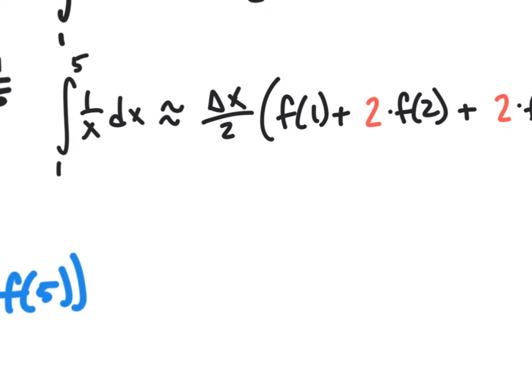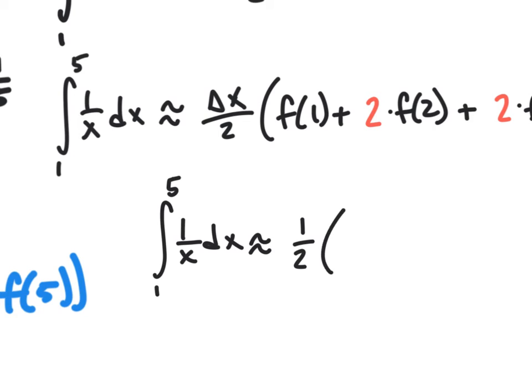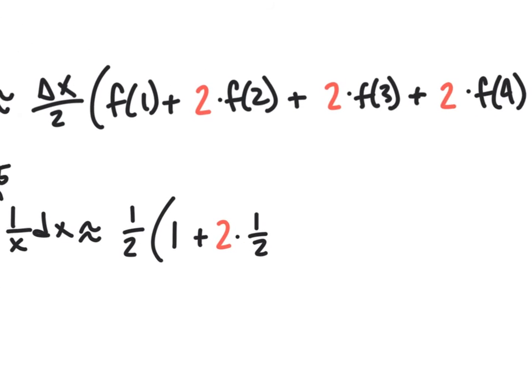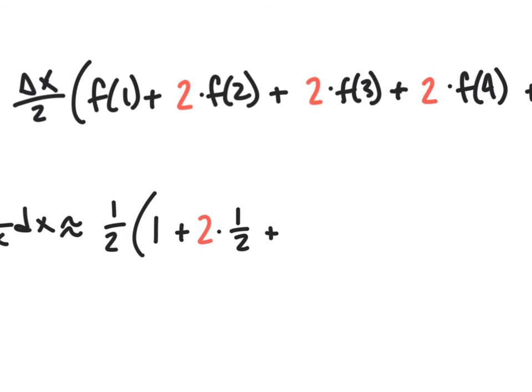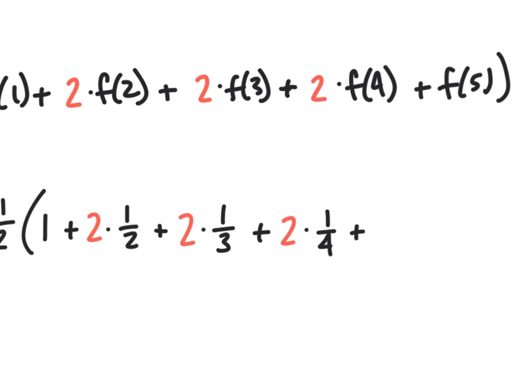And so the integral from 1 to 5 of 1 over x dx is approximately equal to, delta x was 1, so 1/2 times 1 plus 2 times f of 2, which was 1/2, and then plus 2 times f of 3, which was 1/3, plus 2 times f of 4, so that's 1/4, and then plus a single f of 5, and that's just 1/5.